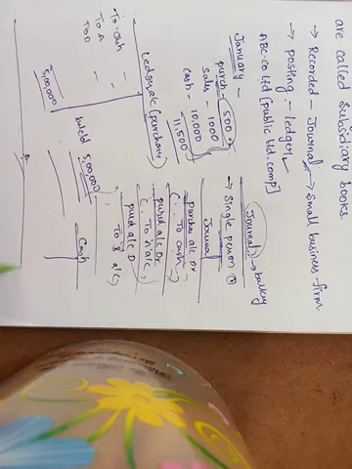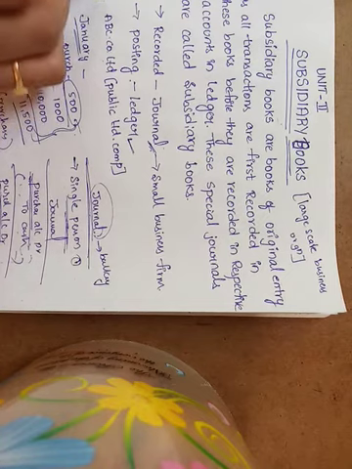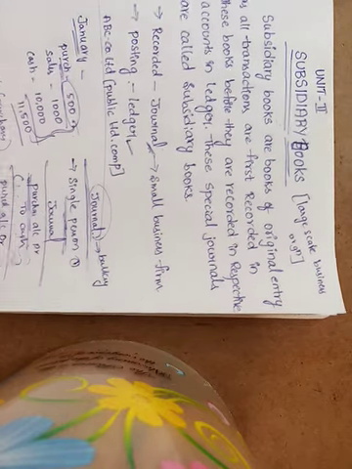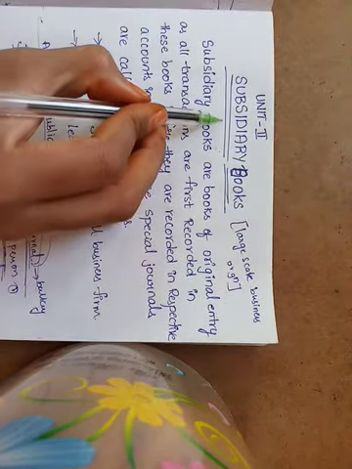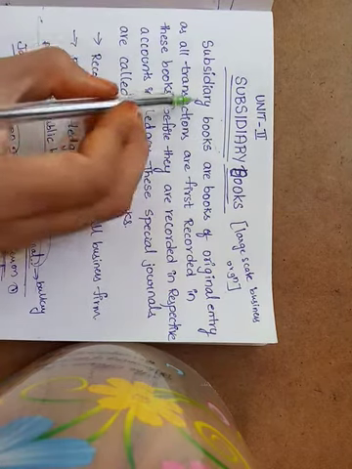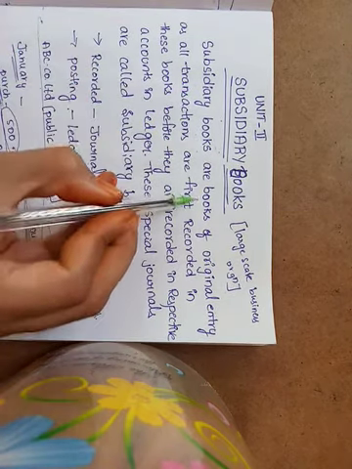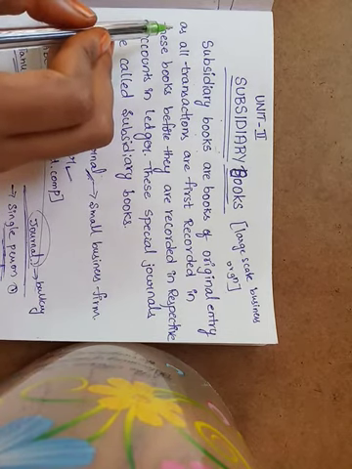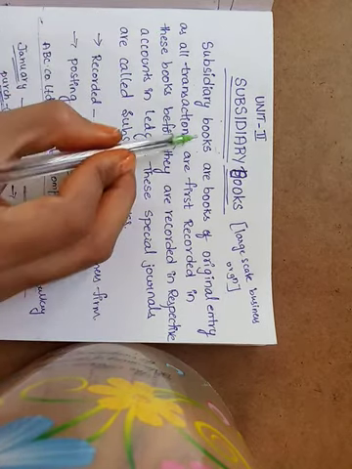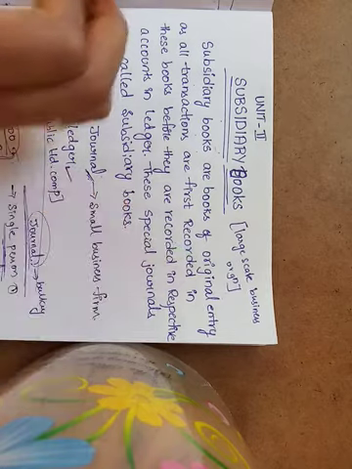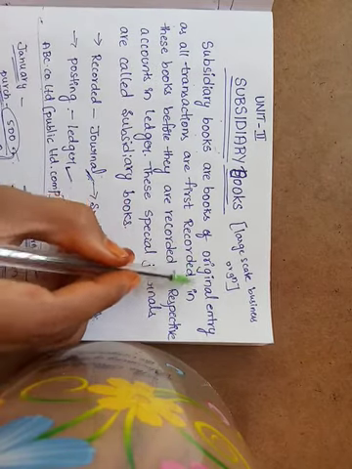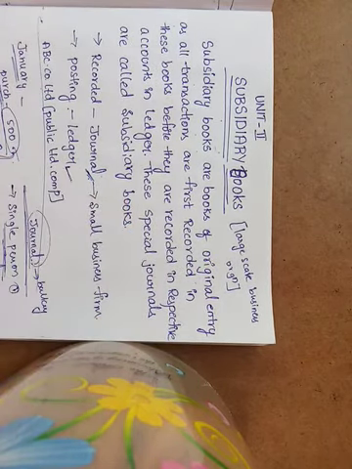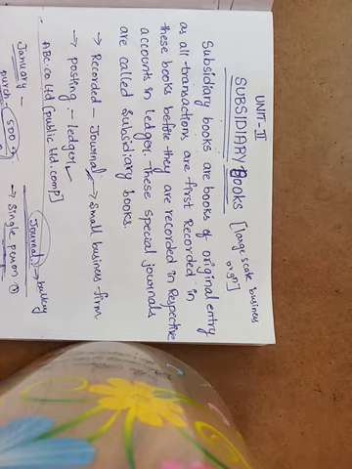Now see the meaning of these subsidiary books. Subsidiary books or books of original entry. A subsidiary book is also known as a book of prime entry. Why?